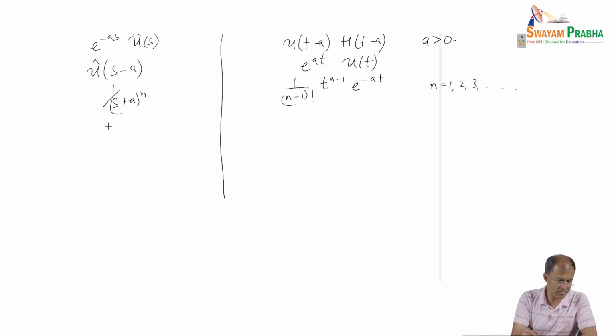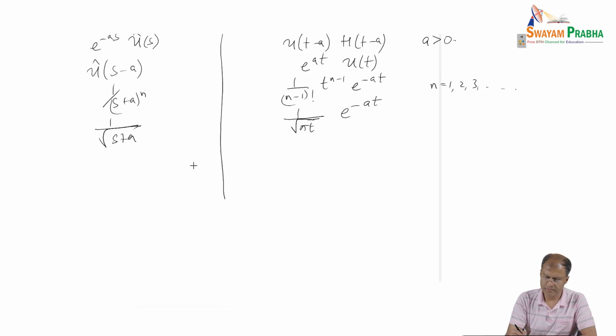And then the Laplace transform of 1 over square root s plus a comes out to be 1 by square root pi t times e to the power minus at.